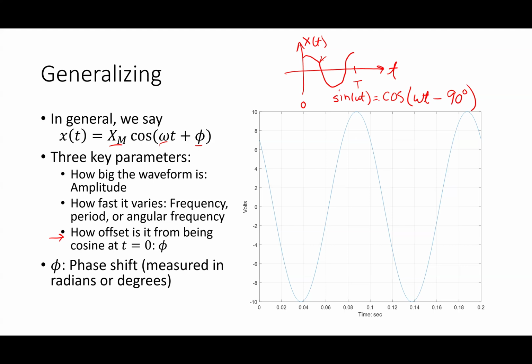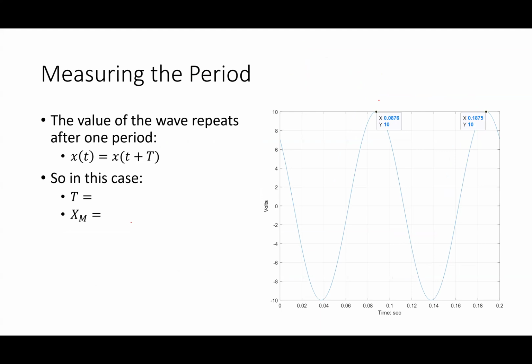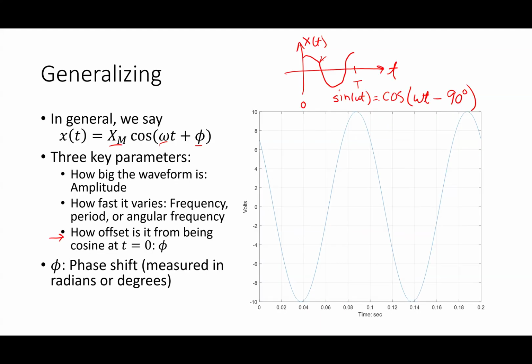All right. So what I want to do is look at this waveform on this page. I want to figure out from you guys what the amplitude and the period of this thing are. Look at this picture here.